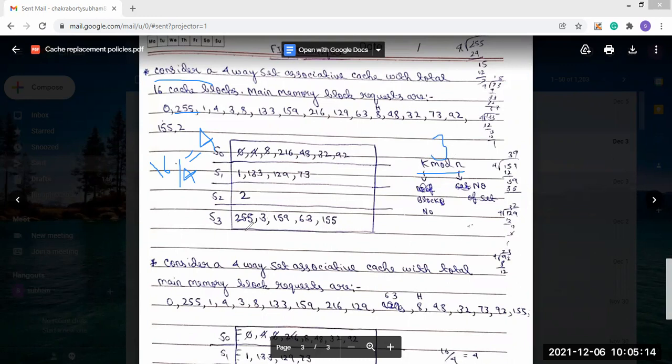Since the remainder is 3, 255 will go to the set 3 position.